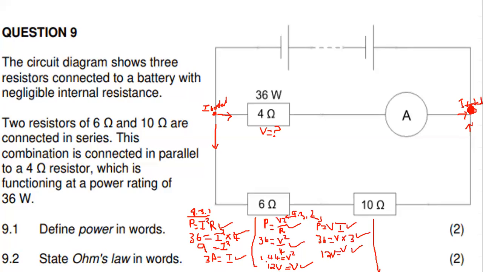And I say, okay, what I know here is that if I were to connect a voltmeter there, then this voltmeter would have given me 12 volts altogether.